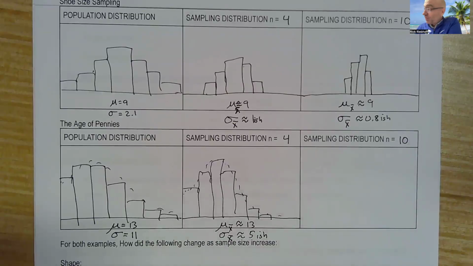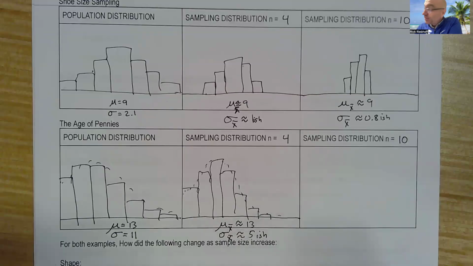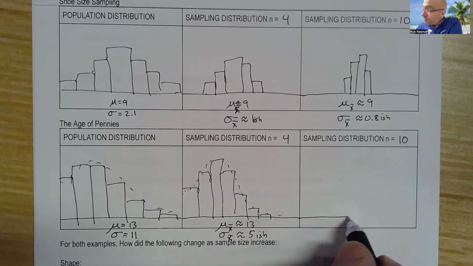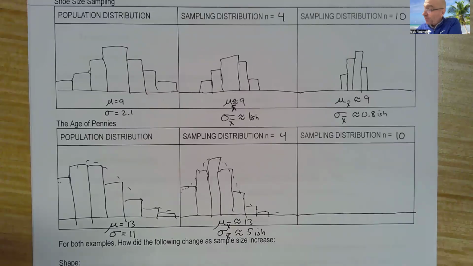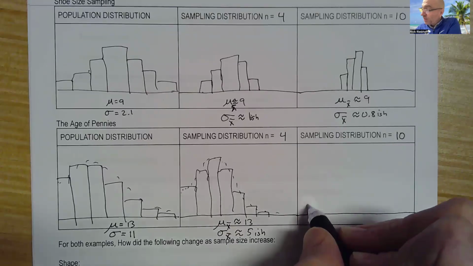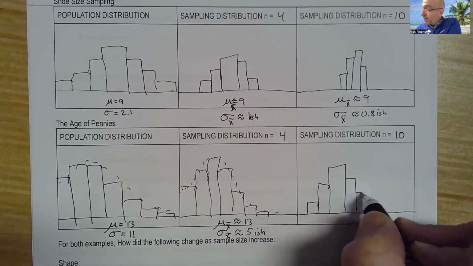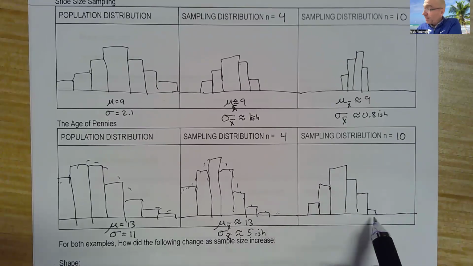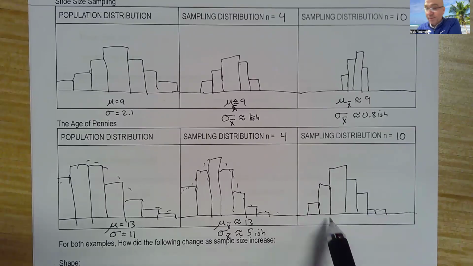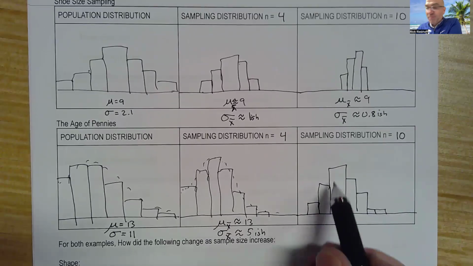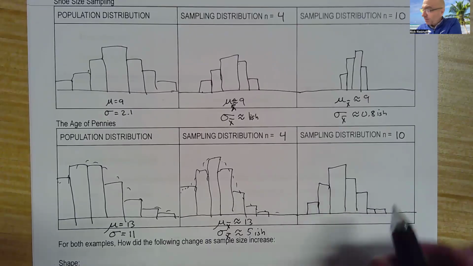Again, different years. Maybe I go to 16 or something fun like that. But if we did that, we notice that now we're probably getting something that looks a little bit more like this. Maybe you're still detecting a little bit of skew to the right, but we're getting pretty normal here. Okay, it's starting to look pretty normal.